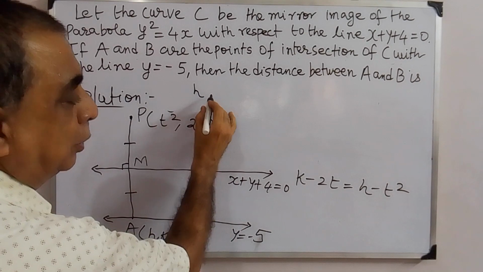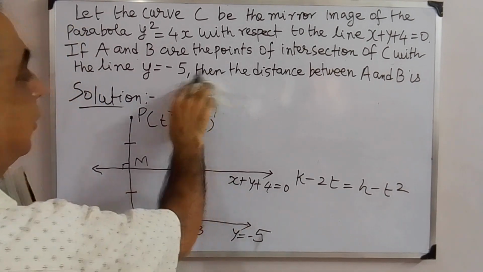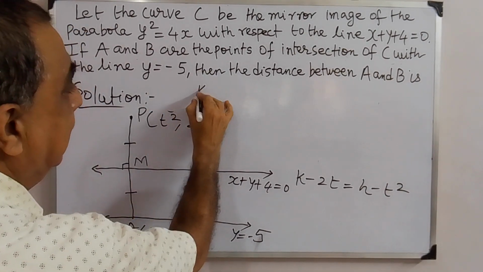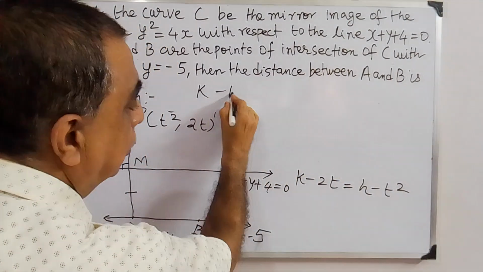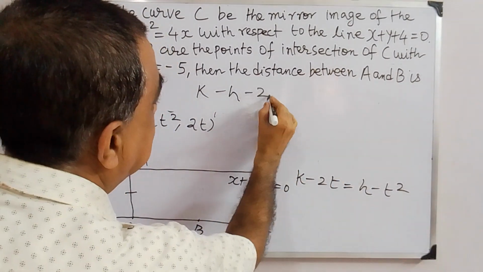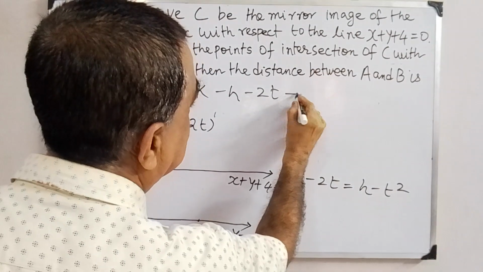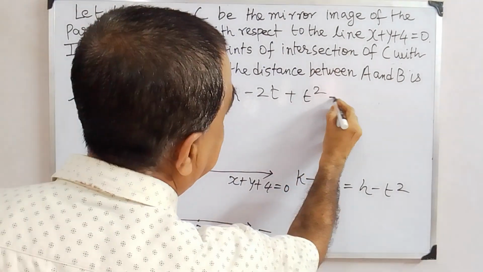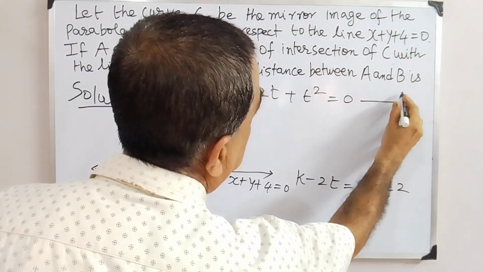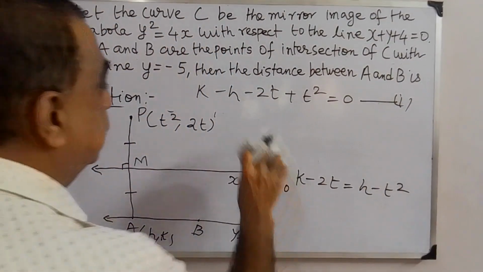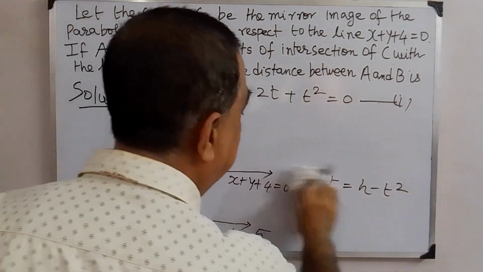So this is k minus h minus 2t plus t squared equals 0. I denote this as equation 1.